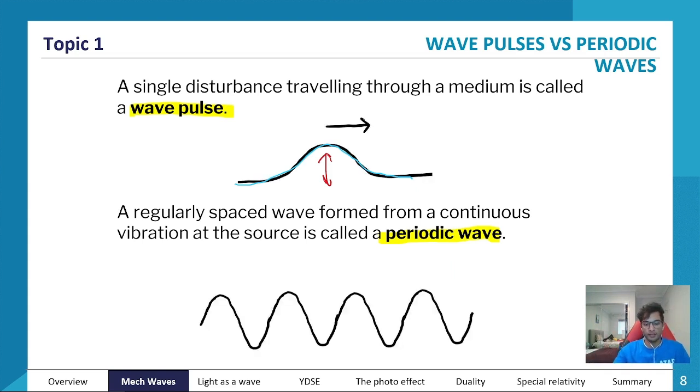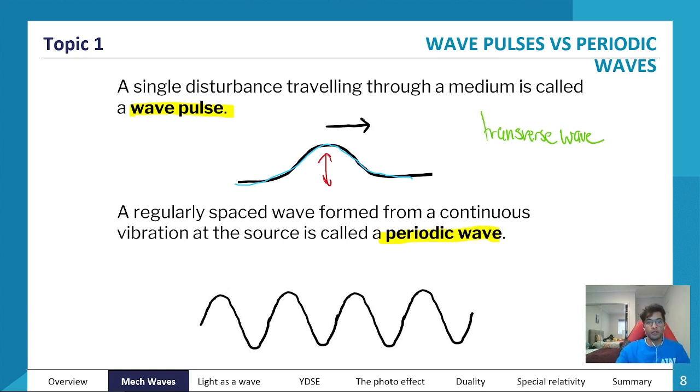When we see something like this, it's what we call a transverse wave. Transverse, I spelled that wrong. I don't think I spelled that correctly, but it's a transverse wave.